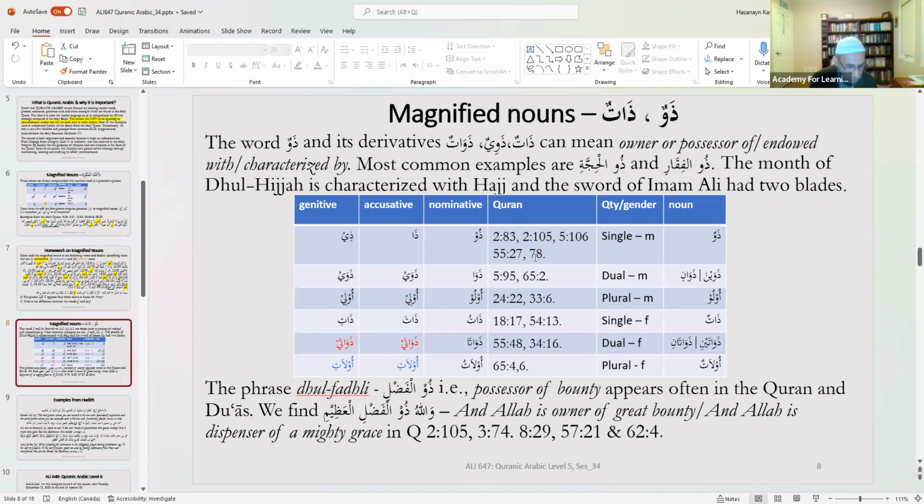But wazil kurba is because of ba. Wabil walidain ihsana: be good to your parents and to your relatives, your kin and kith. Kin and kith is zil kurba. Do you see that is z.